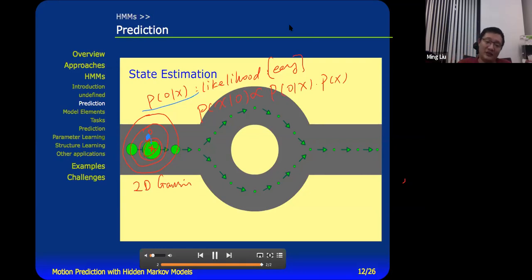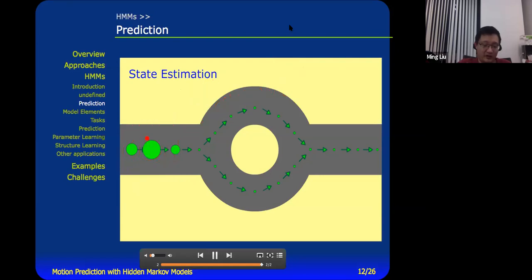Then everything comes back together. You have three green dots. We know that we need the joint distribution P(x,o), proportional to P(x) and P(o given x). And what is P(x)? P(x) is nothing else than these three circles.